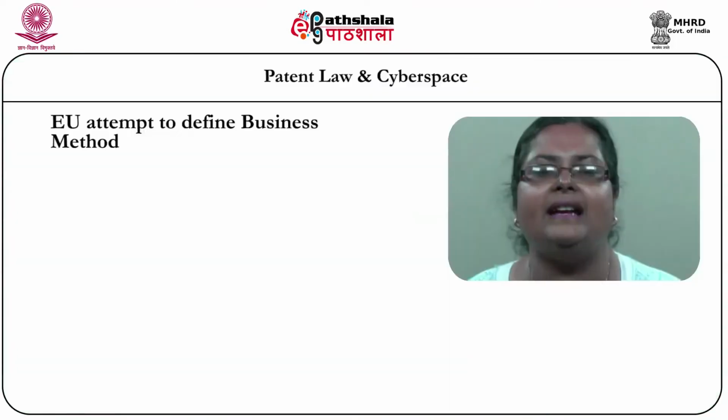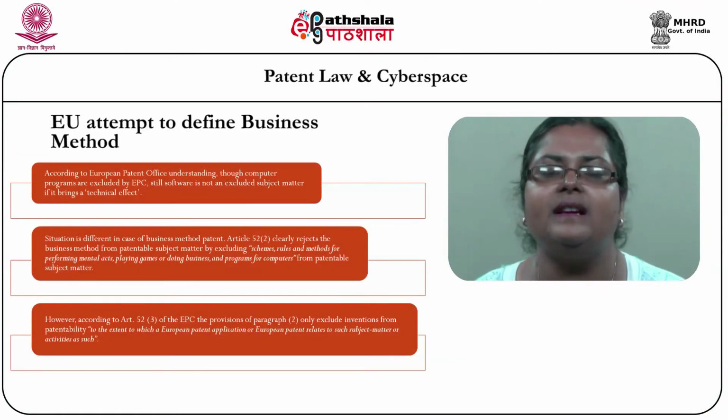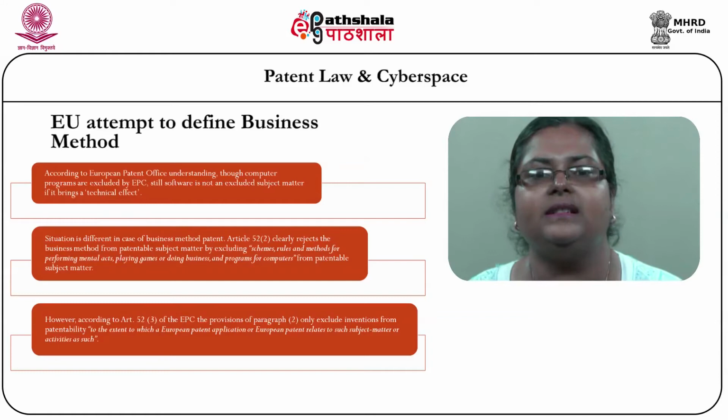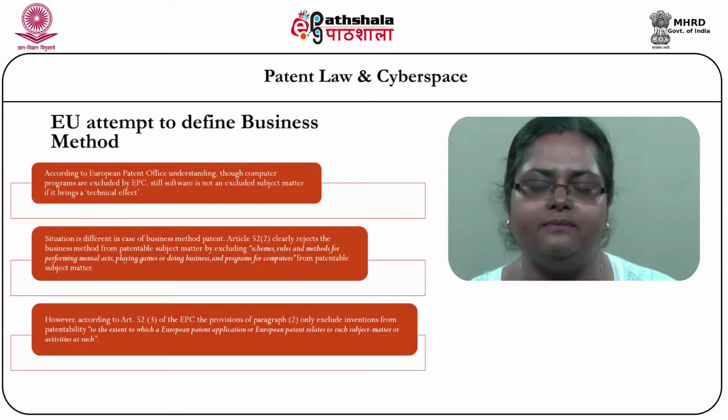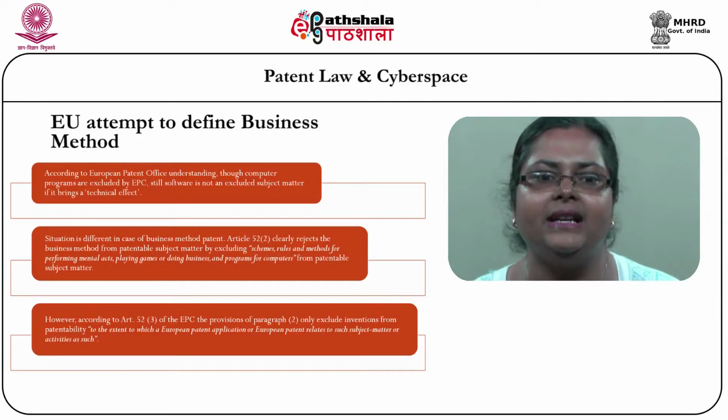Now, as I have said, one European Union definition was rejected earlier. They tried again, and according to the European Patent Office, they try to formulate one business method and they include one particular term, technical effects.